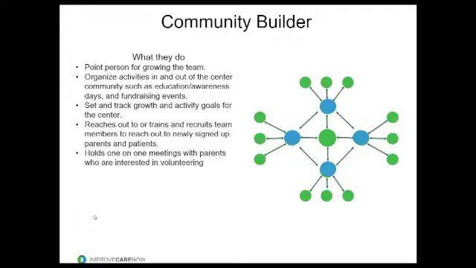I want to set the expectation that you may have 5 people sign up, and maybe only 1 or 2 of them may take that next step, but that's okay. People sign up and then get involved at their own pace. I don't know, Becky, if you have any words of wisdom for that.